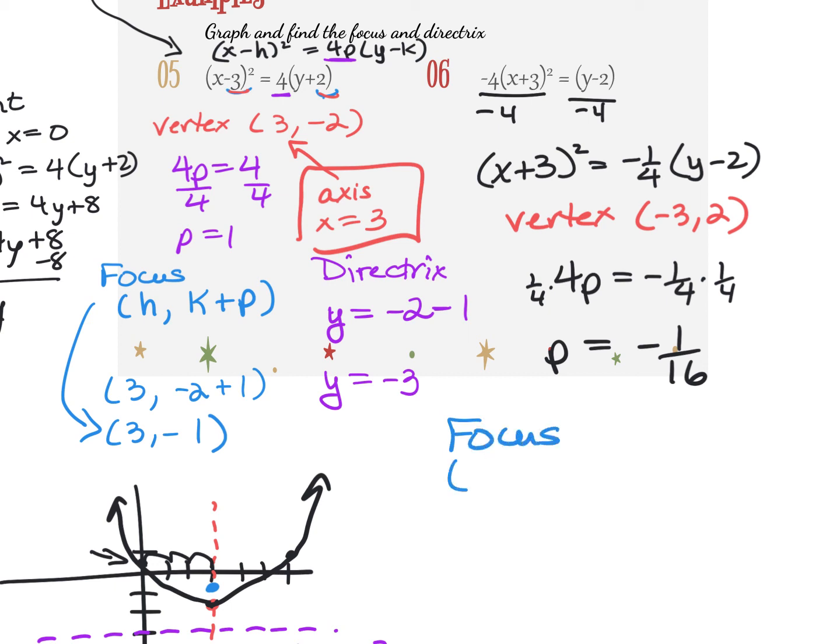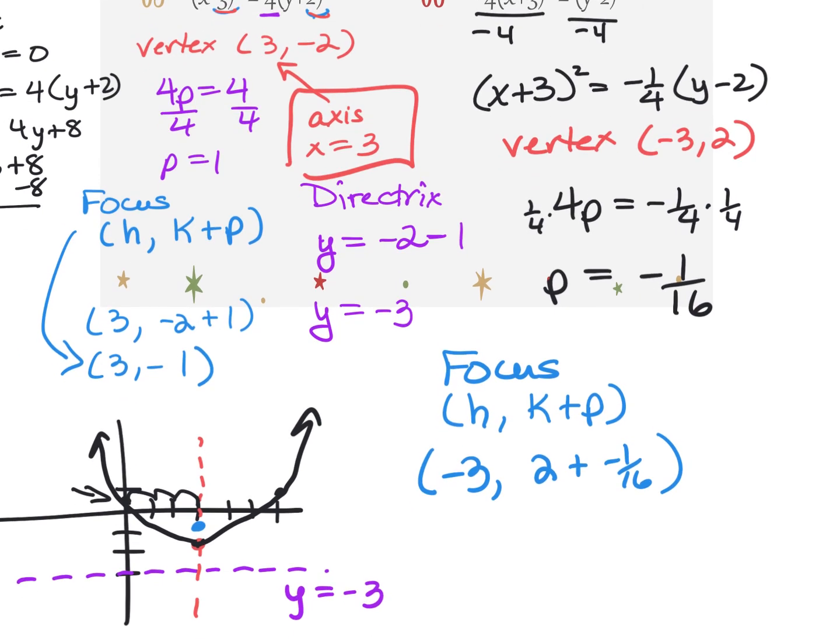remember it's going to be h and then k plus p. So my h value was -3. My k value is 2 plus -1/16. So then this is now going to give me -3.